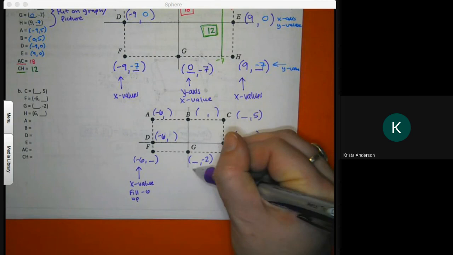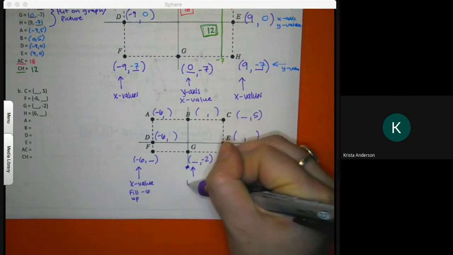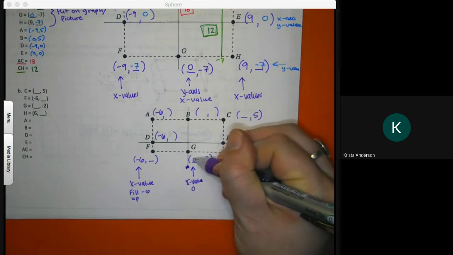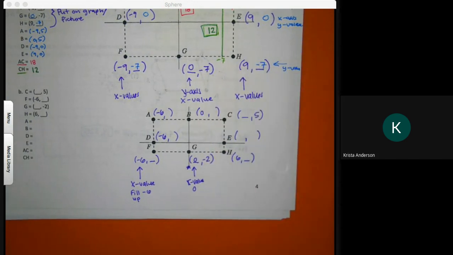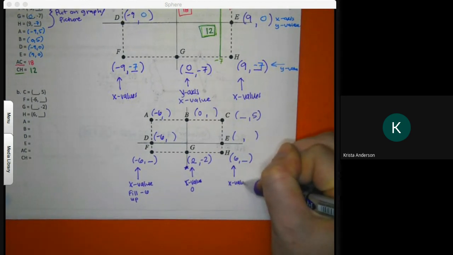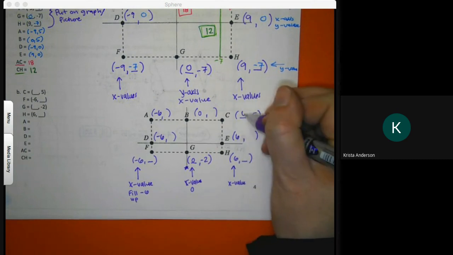If it is on the y-axis, this line, I'm going to put an X value of 0 for everything on this line. Then my X value is a 6, so I would fill in 6.